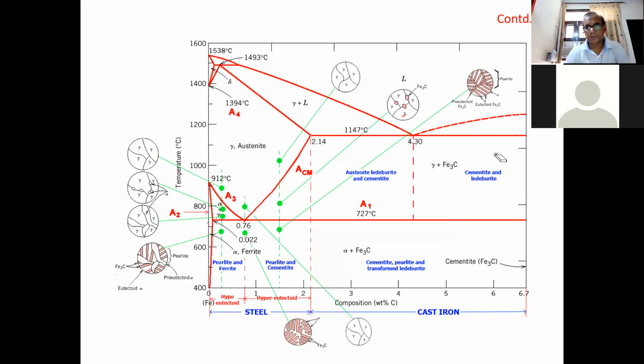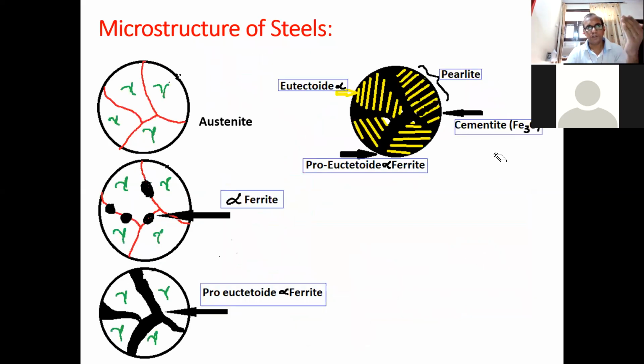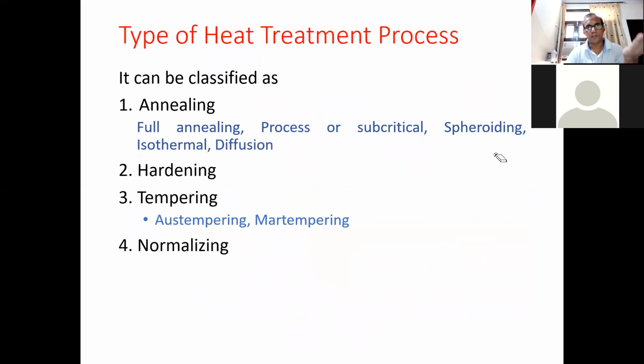This is how we have to understand this particular diagram and the microstructures, and then it will become very easy to understand the various heat treatment processes, right? Which is our basic purpose in studying this subject.